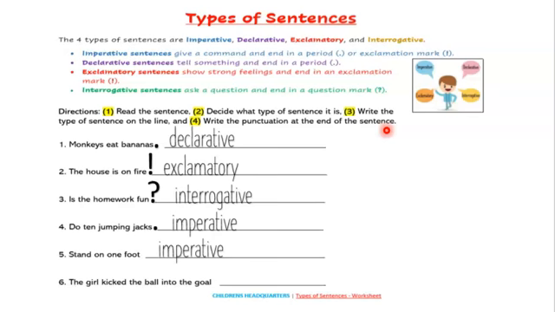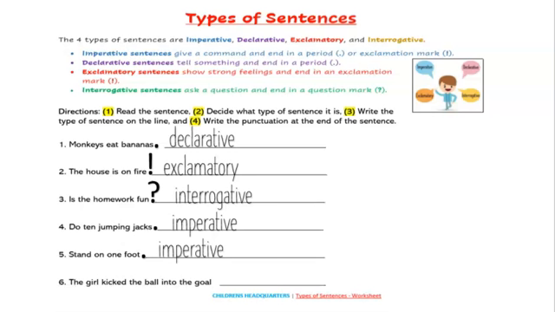Remember again, if it's a mild command, we put a period. If it's a strong command, we put an exclamation mark. So let's go ahead and put the correct punctuation for this one, which is a period.